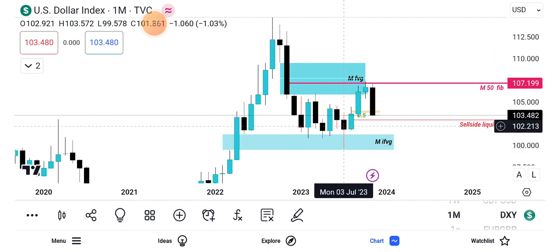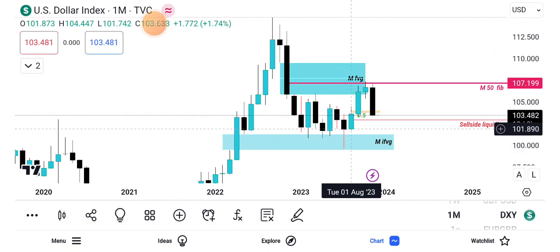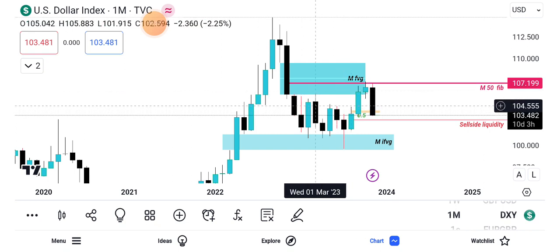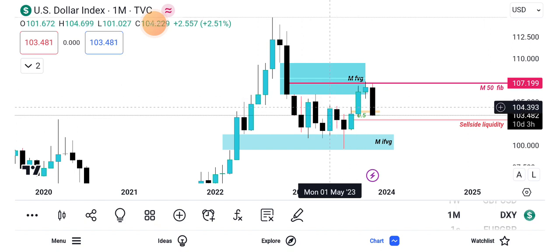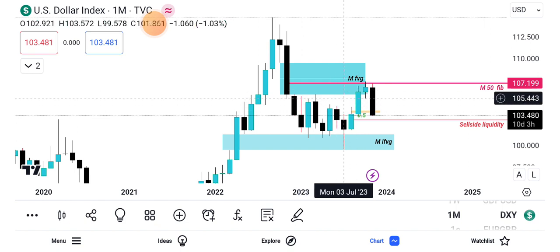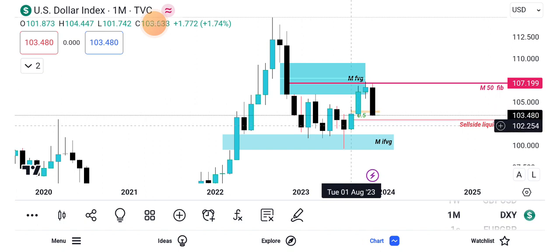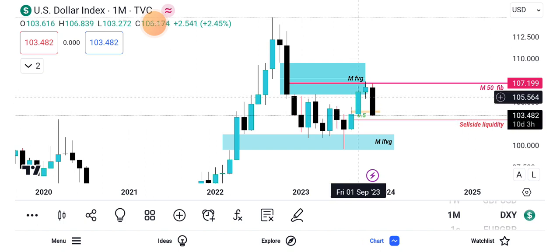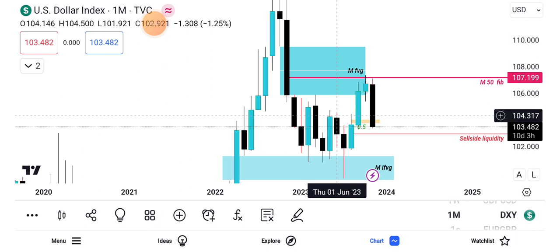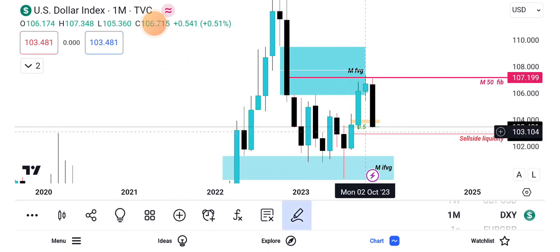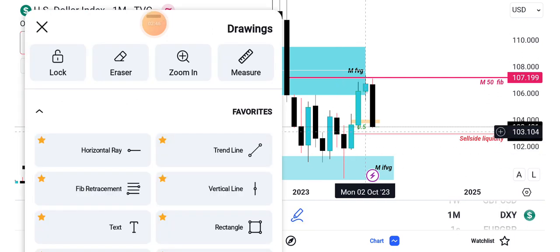We can see the market rallied higher, creating a market structure shift here, whereby this candle closed above these. It left a fair value gap here between this candle's high and this candle's low. We can see a fair value gap there.